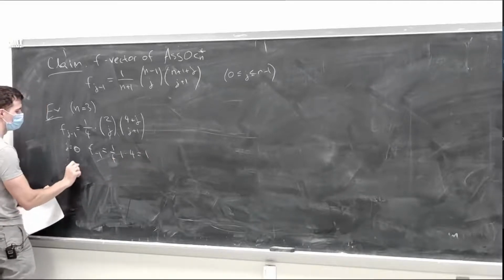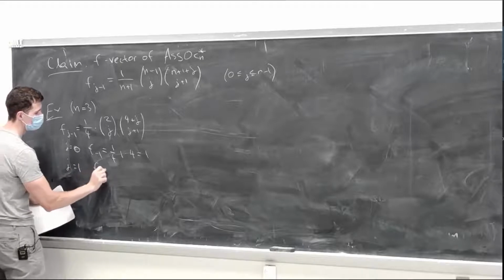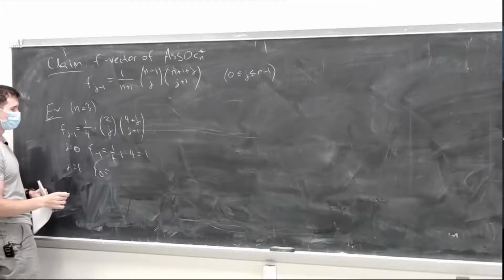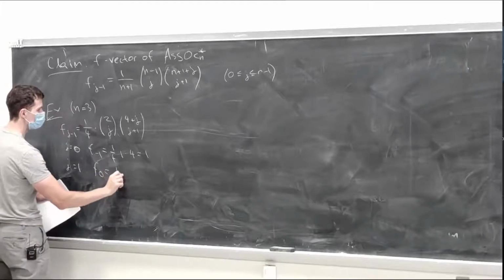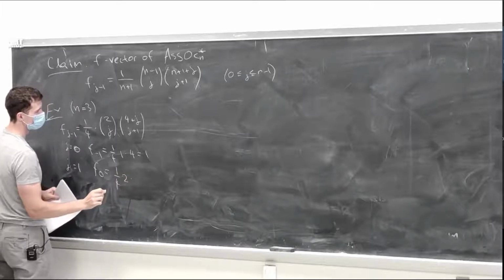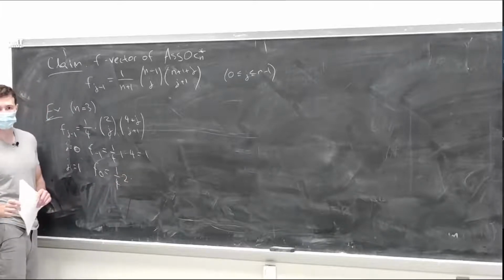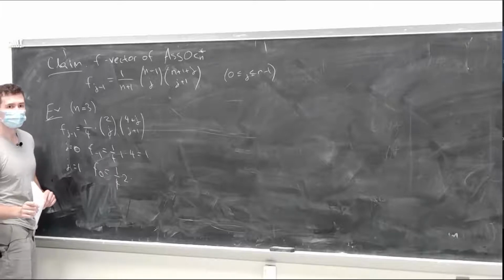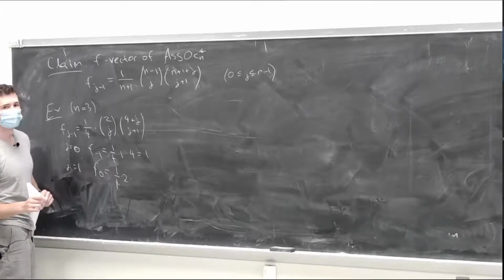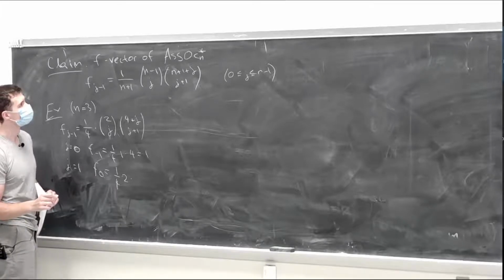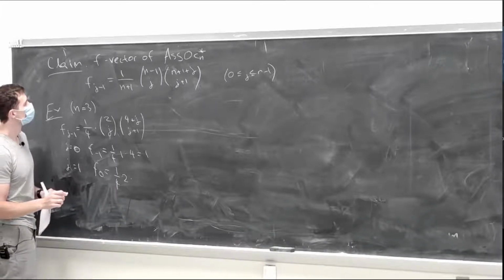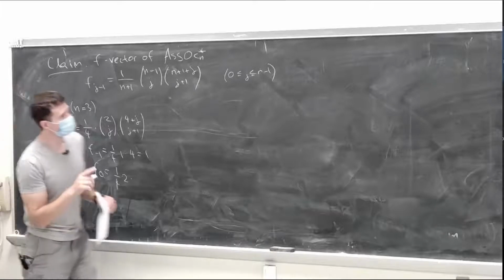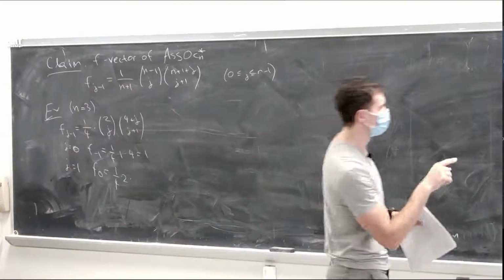That's good. And if j is equal to 1, then f sub 0 is what? 1/4 times 2 times, yeah? Right, wait, hold on. The dimension is n minus 1, right?